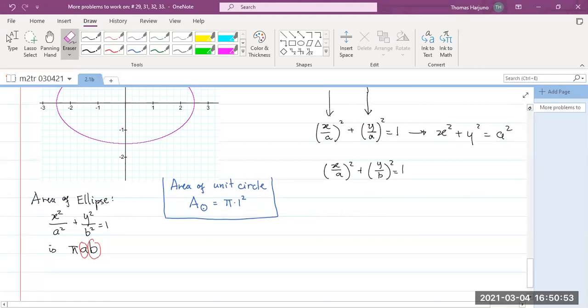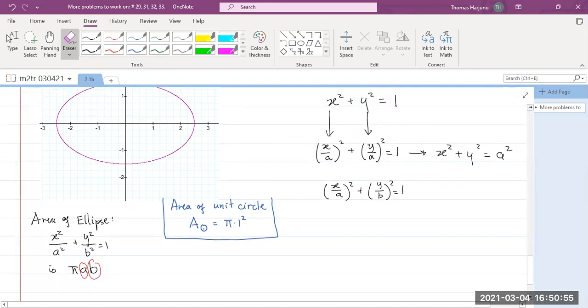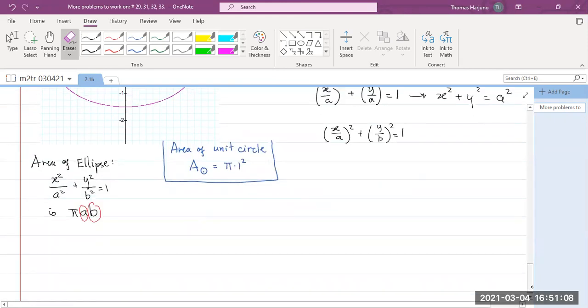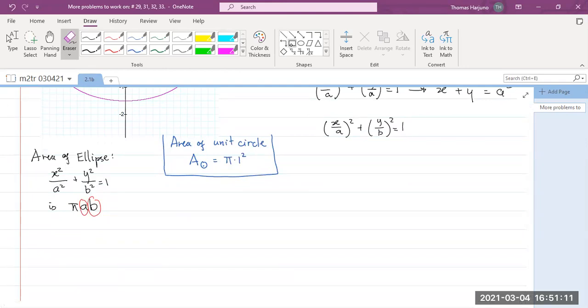But if you have a good foundation in geometry, then the area of this ellipse can easily be computed by using this technique. Now, let me look back a little bit further.